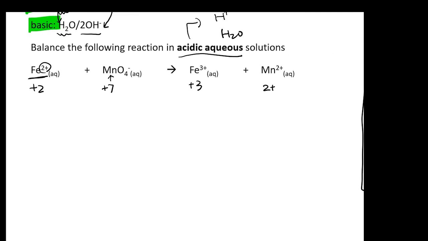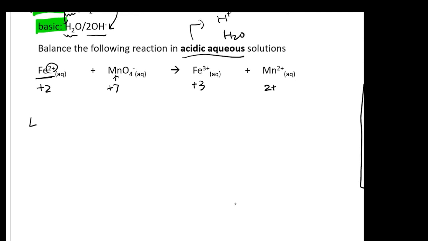By doing this analysis, you're going to write out your two half reactions. One is LEO, one is GER. So who is your LEO? Whose oxidation number increases? Fe, right? So you need to write Fe2+ is going to become Fe3+. That's the half reaction for your LEO.